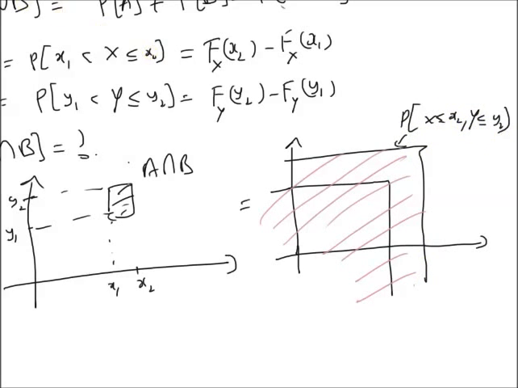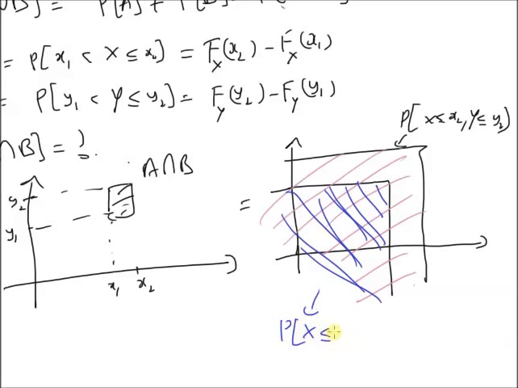And then we have the region in blue, which is the probability of x less than or equal to x1 and y less than or equal to y1. We know that this is x1 and this is x2 and this is y1 and this is y2. And next we have to subtract this region and this region, that is, the regions represented by green and this one.